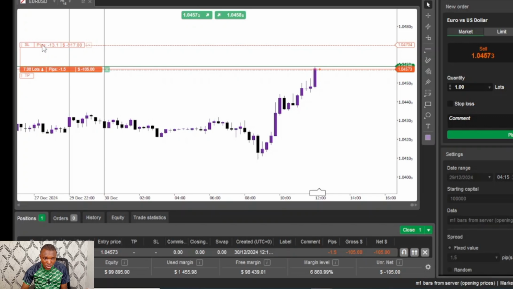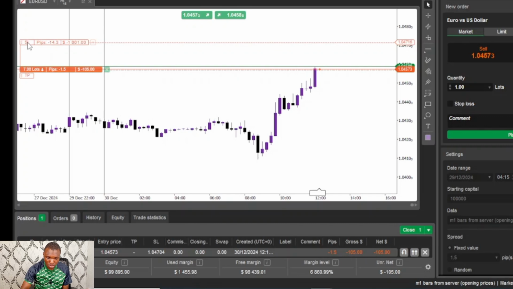This is where you get in your entry, going with 7 lots.